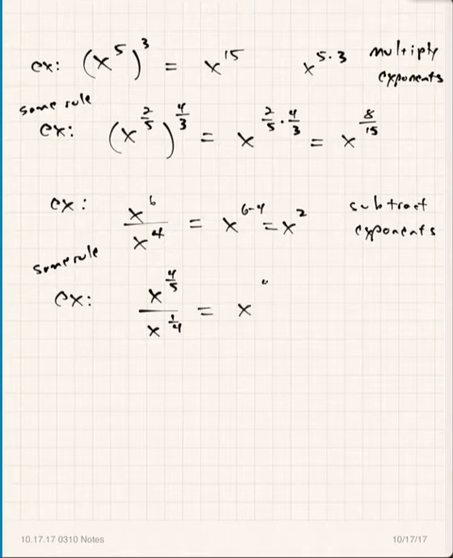The problem here is that this rule is kind of complicated by the fact that these are fractions as exponents, and so I've got to get a common denominator. The common denominator in this case would be 20, right? So you have x to the 16/20 minus 5/20.